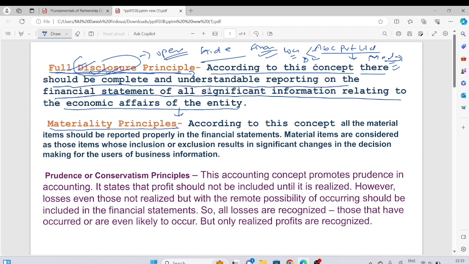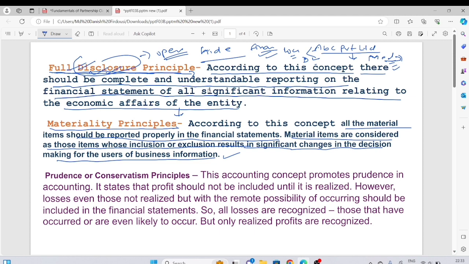According to this concept, all the material items should be reported properly in the financial statement. Material items are those items whose inclusion or exclusion results in a significant change in the decision making of the users of the business information.